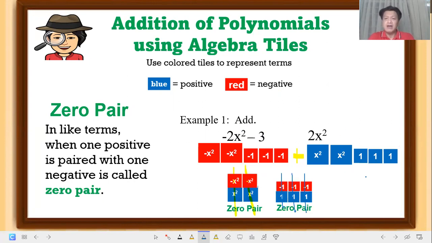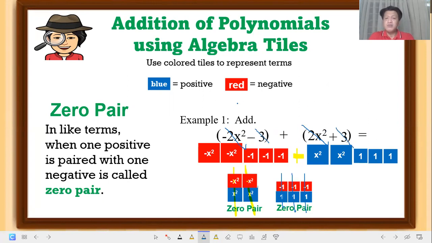At yung tatlo naman na constant na blue, that is 3 or plus 3 positive. And then if you are going to add this, di ba? So negative 2 plus 2, 0 na yon. Kaya cancel to. Ito rin, yung constant negative 3 plus 3, cancel din.